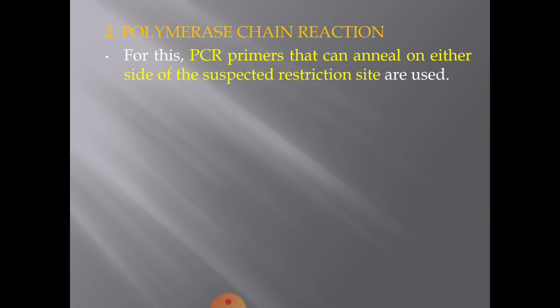Another method by which you can do this is PCR, polymerase chain reaction, the technique I taught you in my last class. Let's see what is done in this. For this, PCR primers that anneal on either side of the suspected restriction site are used.